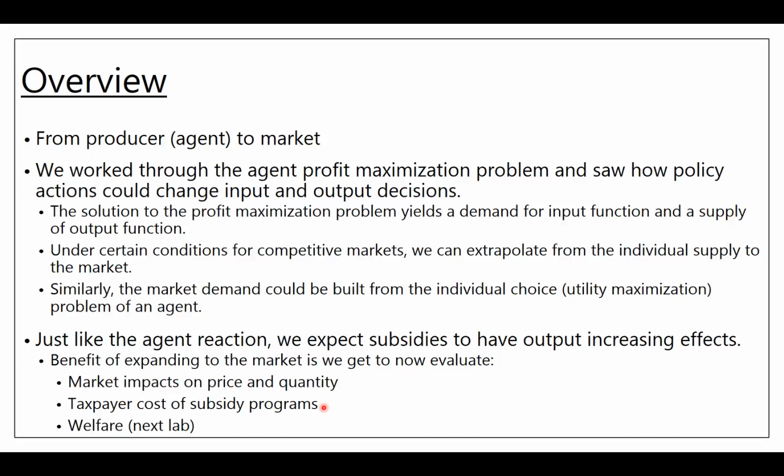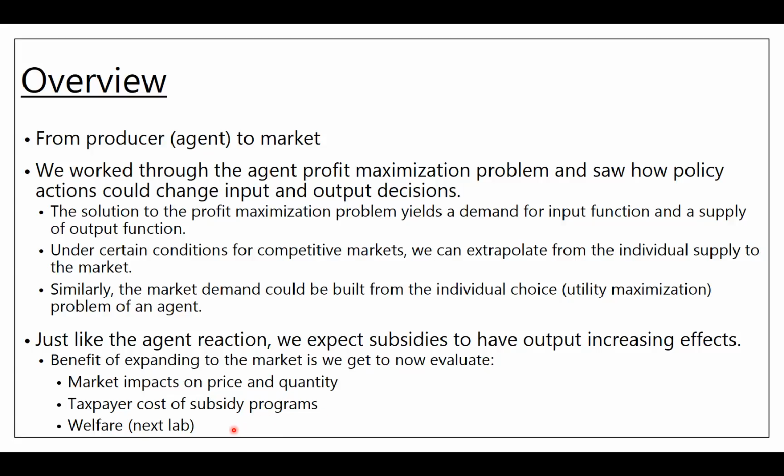The second piece is we can now estimate not the taxpayer cost, which is tiny for an individual agent, but of the actual subsidy program. We can put it relative to the size of the market. So how many units are sold, how much per unit gets tacked on by the taxpayer, and how big is it relative to the value of this market? So how heavily supported is this market in its valuation?